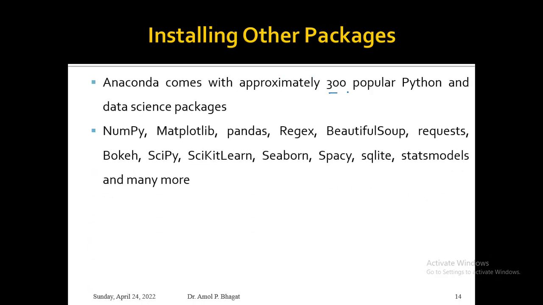Anaconda provides various packages. It comes with approximately 300 popular packages of Python and data science. Anaconda is utilized for executing your machine learning codes and even data analytics codes. Those codes can be written with the support of already existing popular Python and data science packages, or you can additionally install required libraries which you need to write your codes.